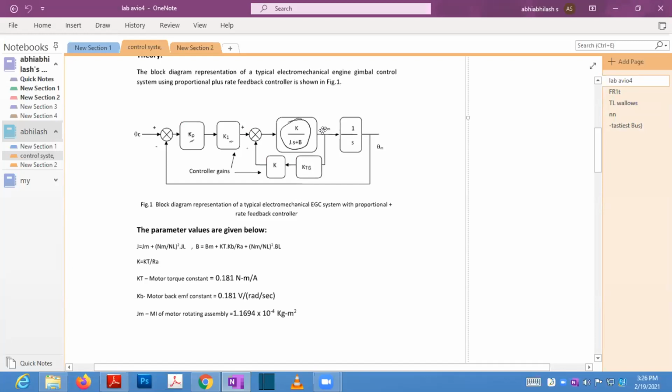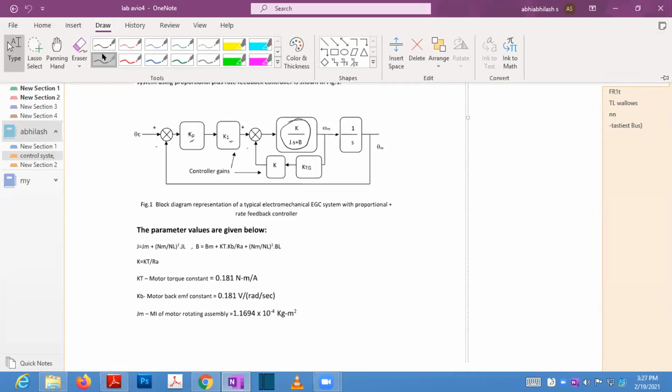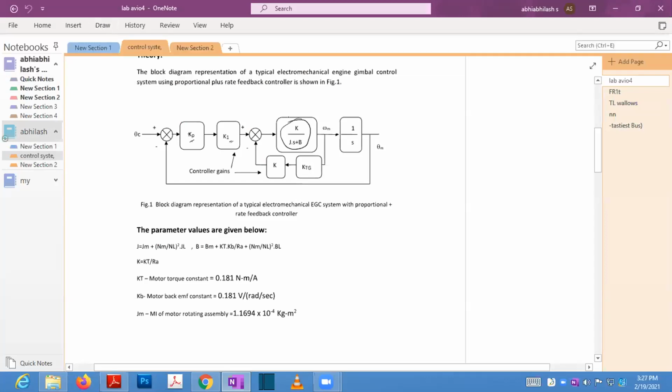We are measuring now the speed. This omega m is not a natural thing.